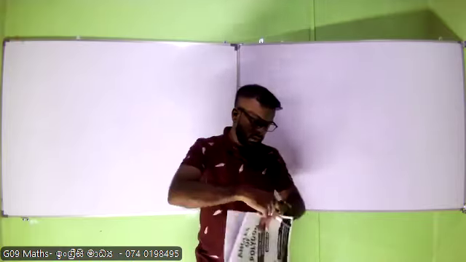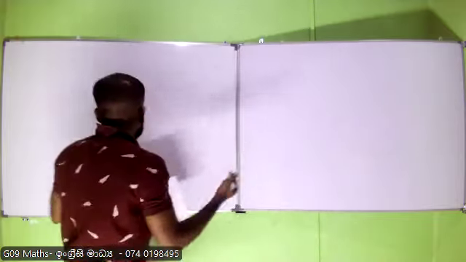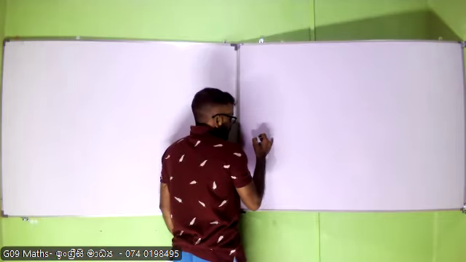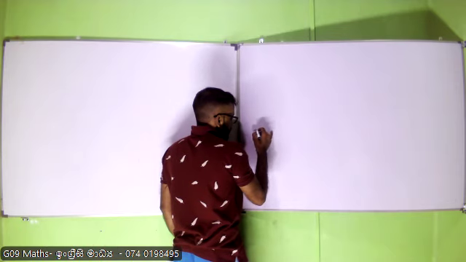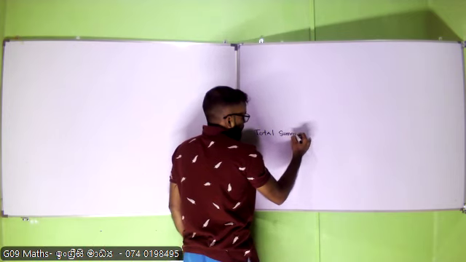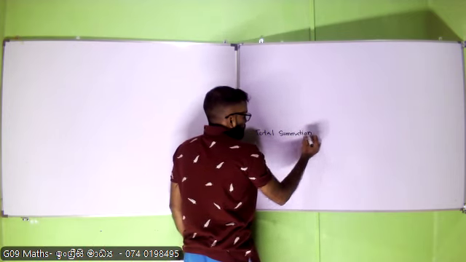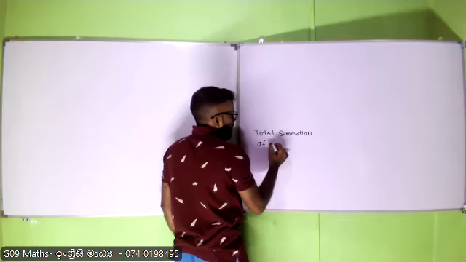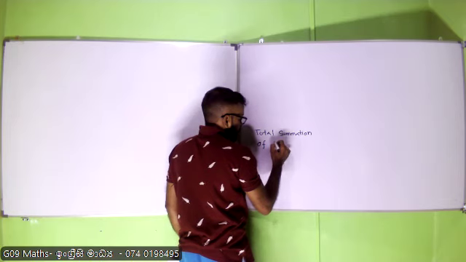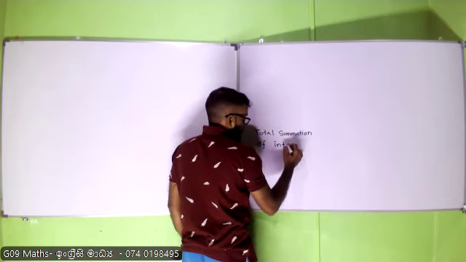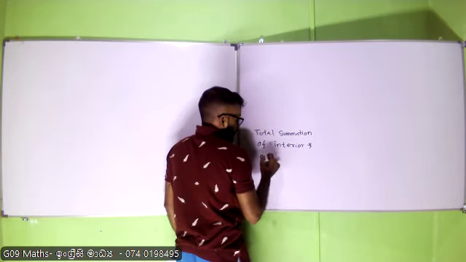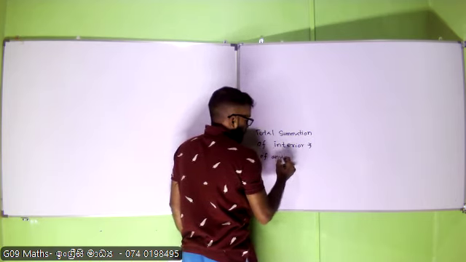By using that equation or relationship, you can find the total summation of interior angles of any polygon.